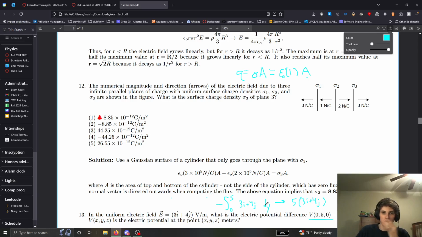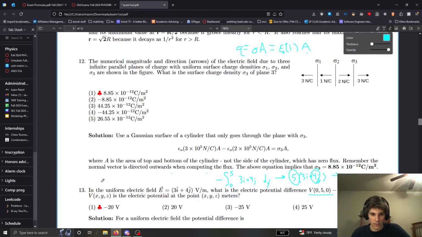And when you integrate over the y, you only care about the electric field in the y direction. So you multiply these two numbers together, and that ends up giving you the 20 that's in the answer. Now, why negative 20 and not positive 20? Because of this negative sign here. I just forgot to include it here.